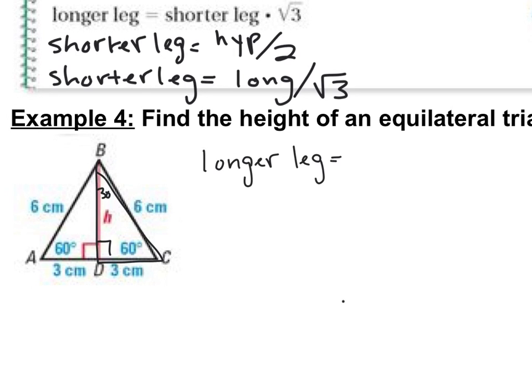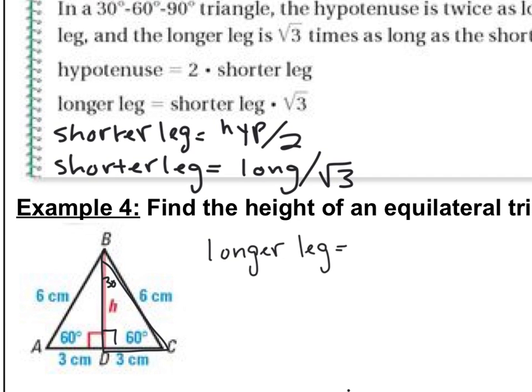So if we flash back up here, our longer leg is equal to our shorter leg times radical 3. Let's just write that here: short times radical 3. So we just plug in the information we know. The shorter leg is always across from the 30-degree angle. In this case, it is 3.